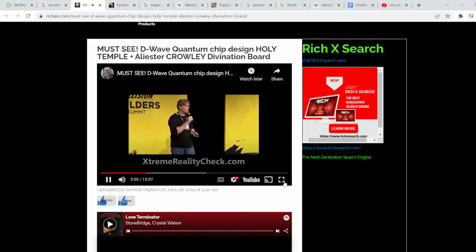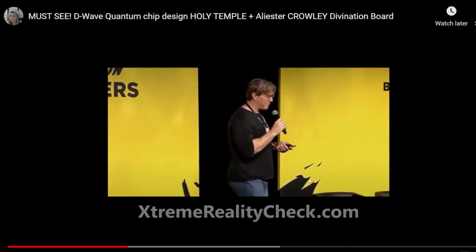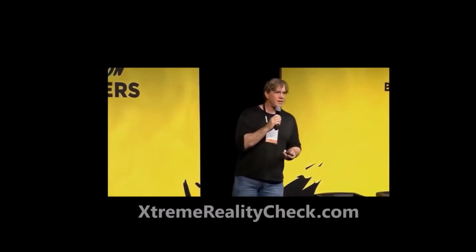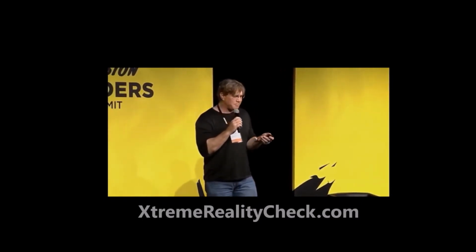I have heard this word quantum computing. It's often, people have the misconception that it's some kind of newfangled supercomputer. It's decidedly not that.